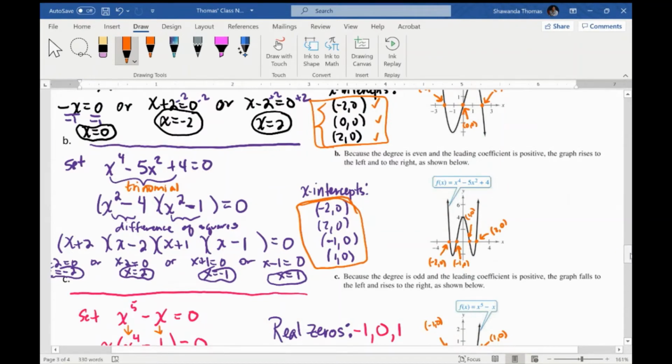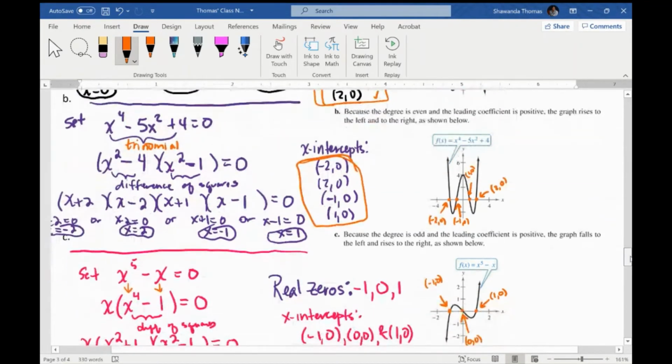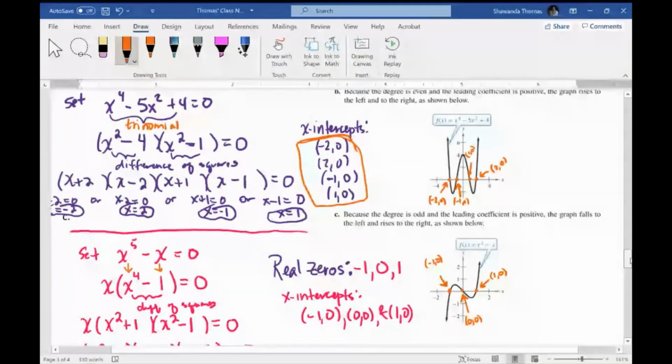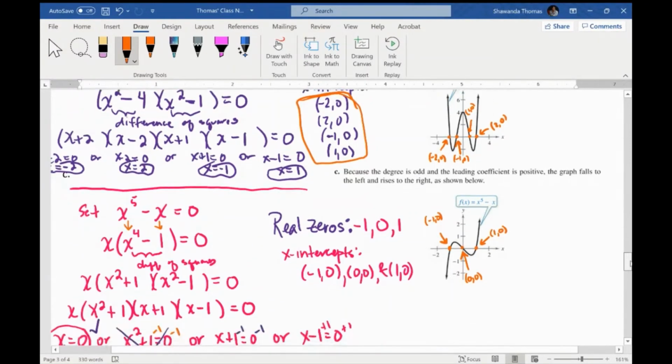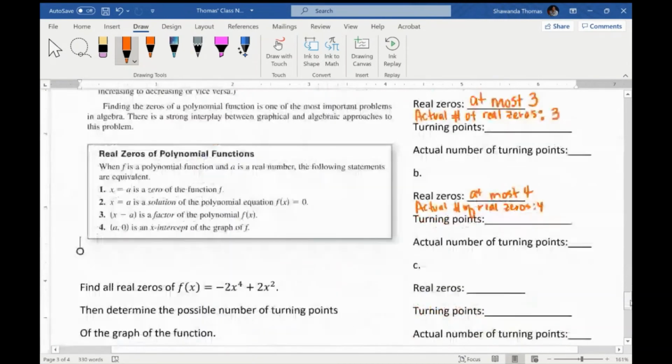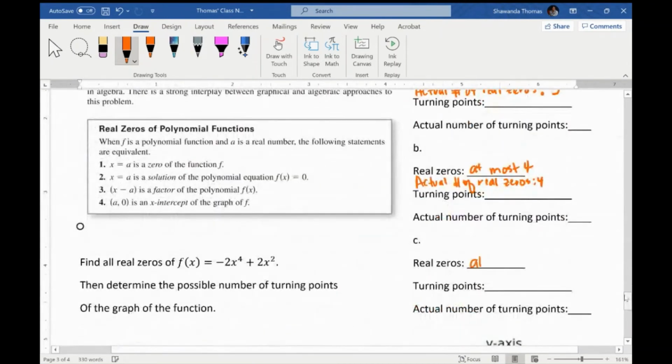All right. C. What's the maximum number of zeros we could possibly have for C? 5. So it's going to be at most 5. What was the actual number though? This one was a little different. 3.